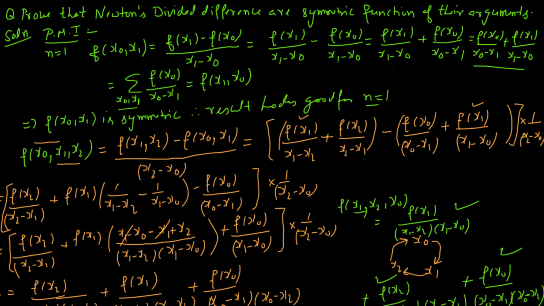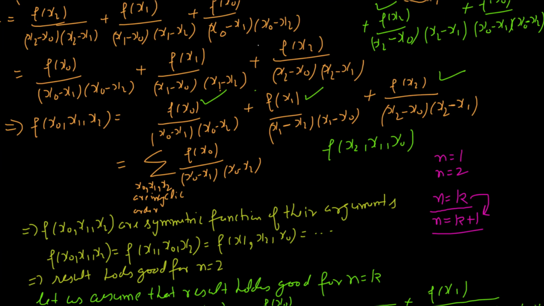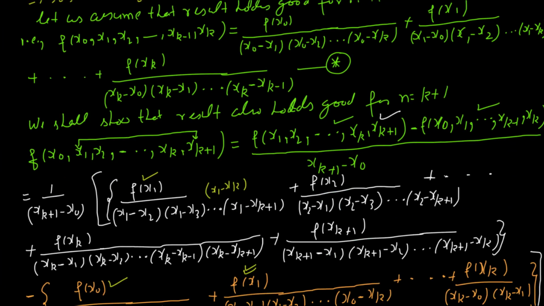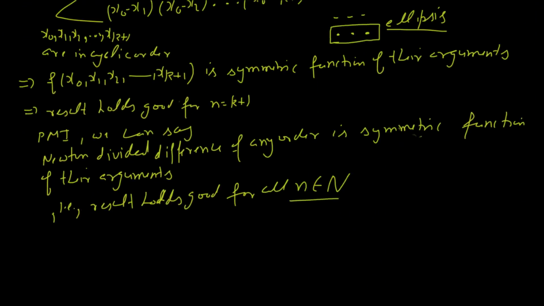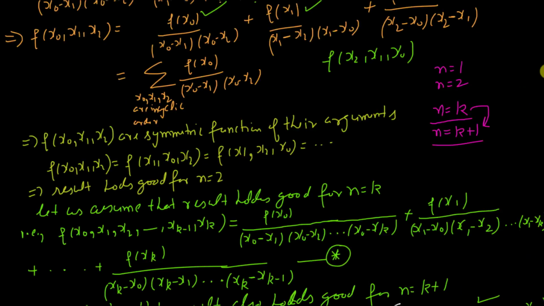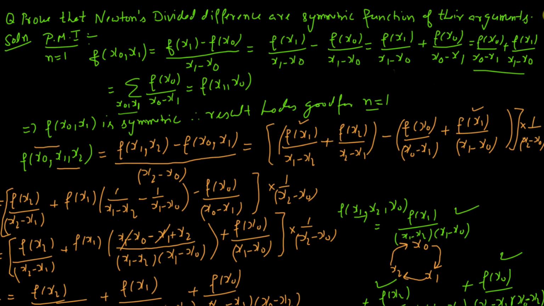Fine. So that we have proved it, and proof is shown over here that we have done. And this question is important from examination point of view, and you should go through this question, and this is important.